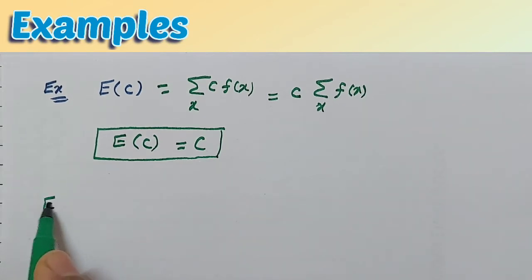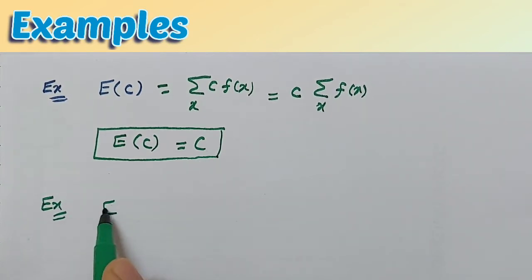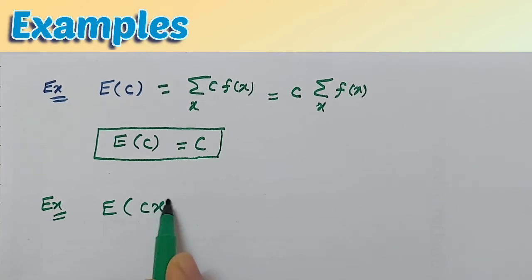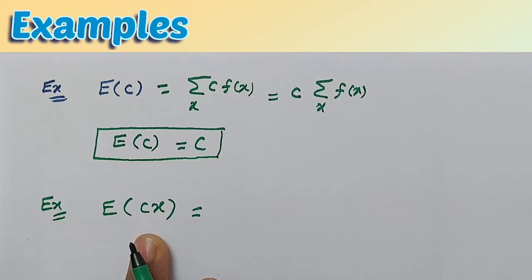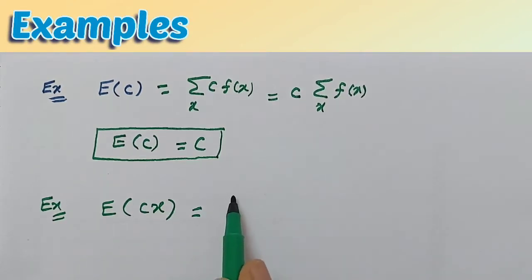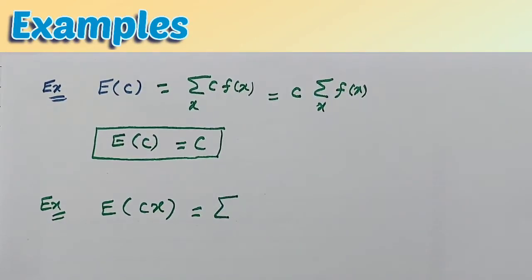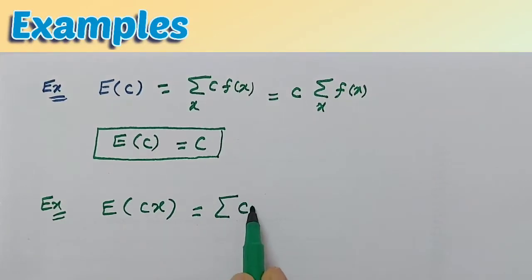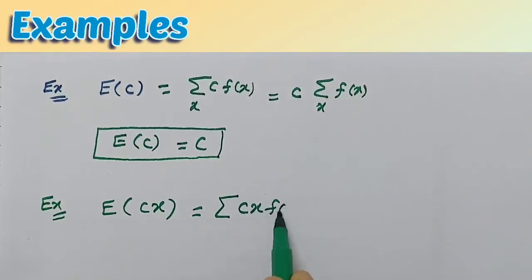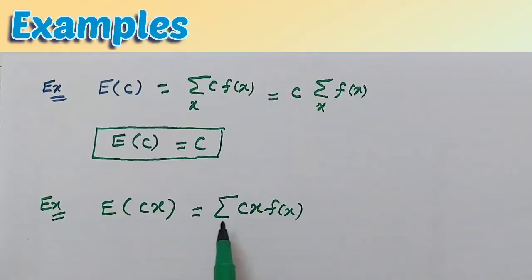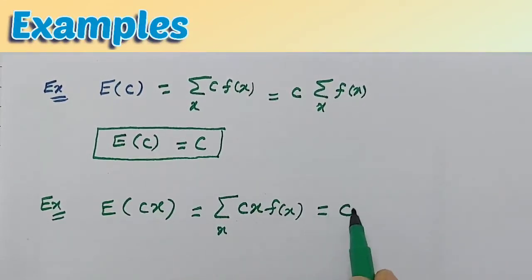Now next important is, if we are given c into x and we apply the definition of expectation here, again consider our x is a discrete random variable, then it is summation c into x f of x. Here we can take c outside because the summation is over x, that means the constant c we can take outside.